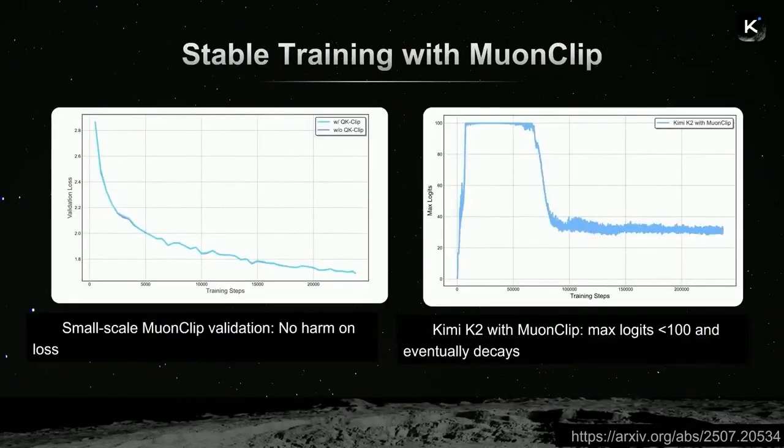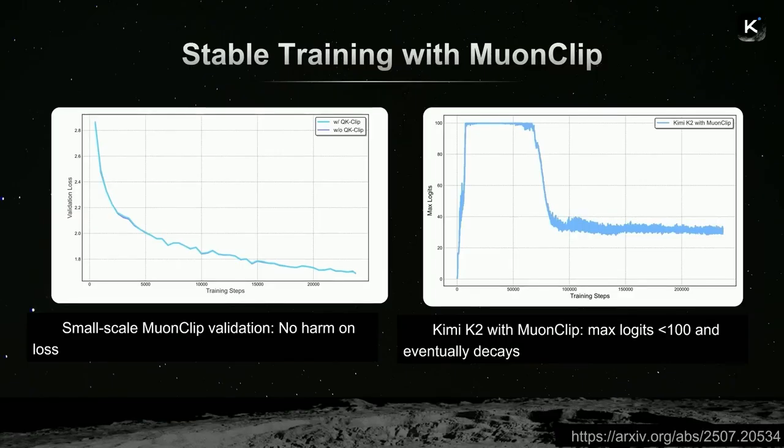So these are some of the empirical results. On the left-hand side, there are 2 curves, but they strictly overlap with each other. These are the training curves before and after applying the clipping technique. You can see the clipping technique does not affect the training loss decrease at all. But on the right-hand side, if we inspect the intermediate metric, the max logit, it's effectively constrained.